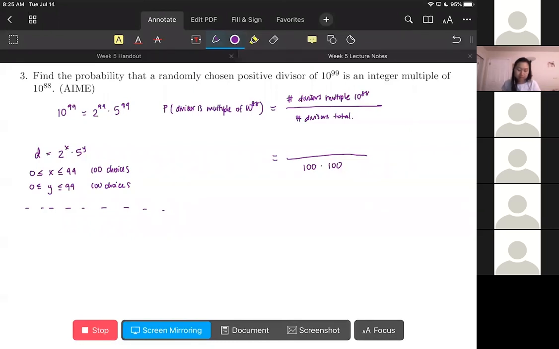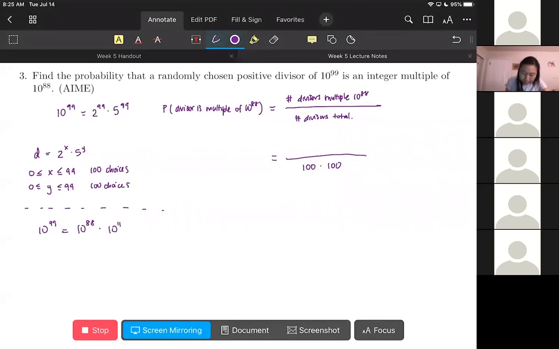We could write 10 to the 99 as 10 to the 88 times 10 to the 11, which is 10 to the 88 times 2 to the 11 times 5 to the 11. This is just rewriting, but it will help us count the number of divisors of 10 to the 99 that are multiples of 10 to the 88.